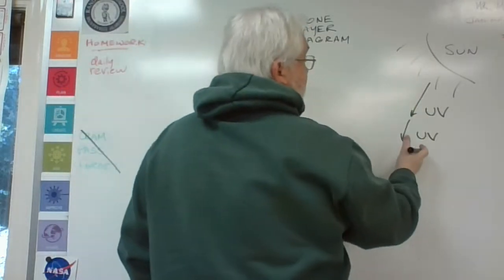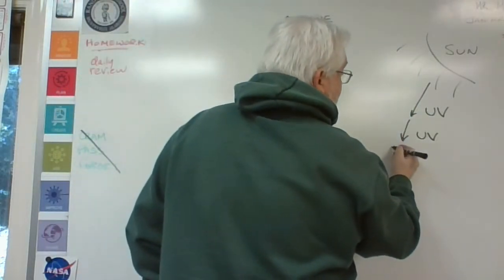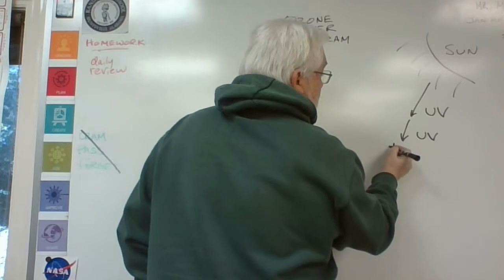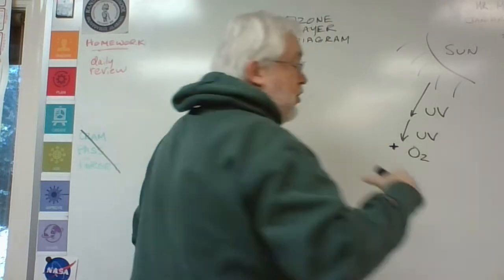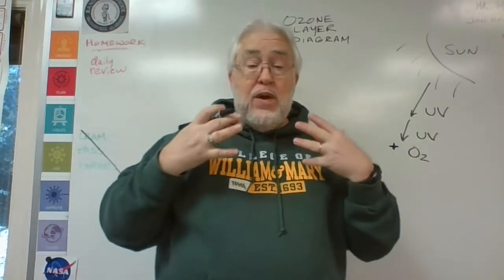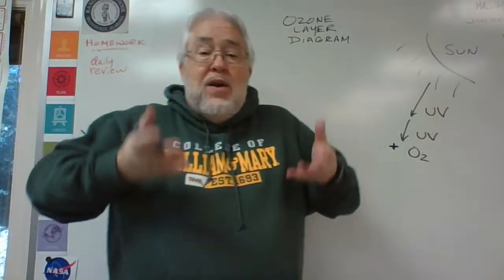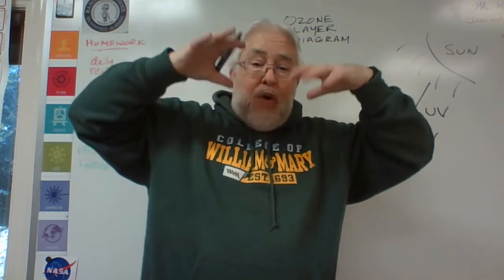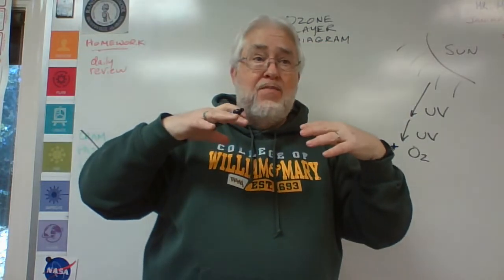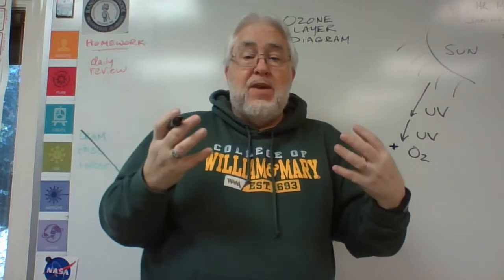When ultraviolet comes from the sun and interacts, I'm going to draw it as if it's a mathematical equation. It's not. But when it interacts with O2, the normal oxygen molecules that we breathe in the atmosphere, and remember, this is part of the homosphere, the lowest part of the atmosphere, where the gases are well mixed. There's a sameness about it.